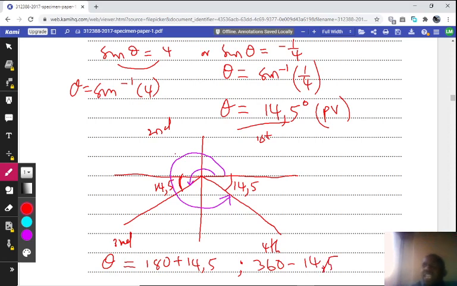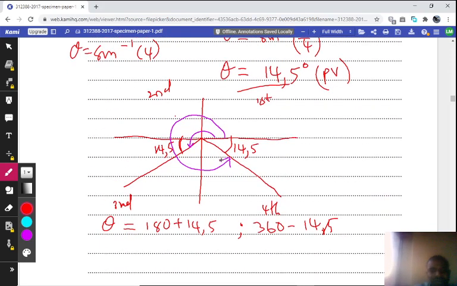So if there are no other angles, you just have to simplify. 180 plus 14.5, what do we get? You get 194.5.